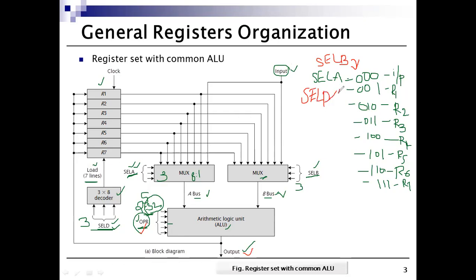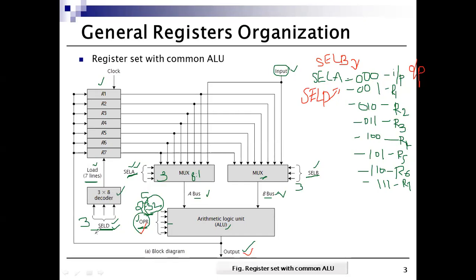If these lines are 0, 0, 0, we are using the output device for supplying the results, and in any other case, the corresponding loads of R1 to R7 will be activated. Only one load, right? So you know how the decoder output works.